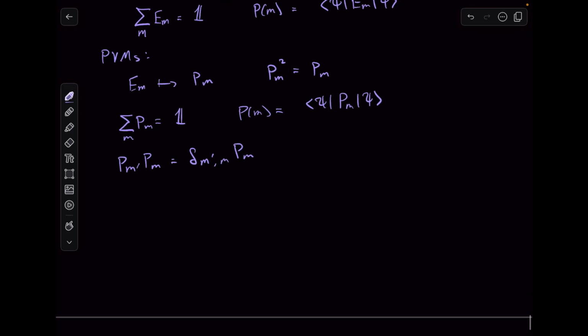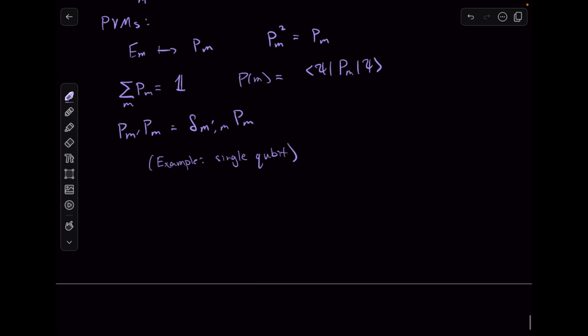So, for example, if we have just a single qubit, we know there's an orthonormal basis, the computational basis, 0 and 1. And in this case, for our PVM, we can take the orthogonal projections onto these basis vectors, so we'll have |0><0| and |1><1|.